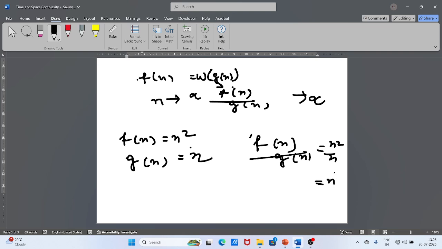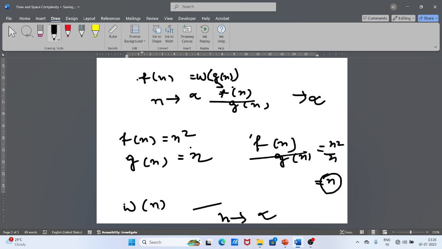So as n becomes very big, n goes to infinity. Yes or not? So we can say the time complexity is omega of n, because this n goes to infinity.